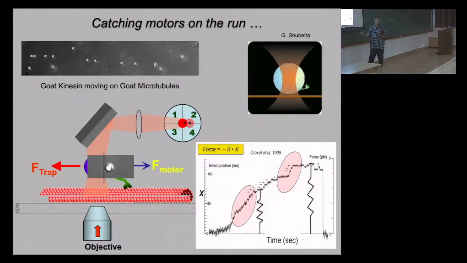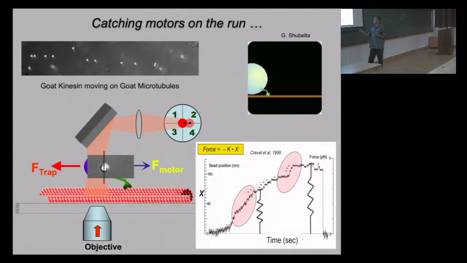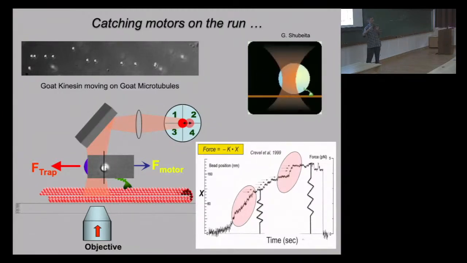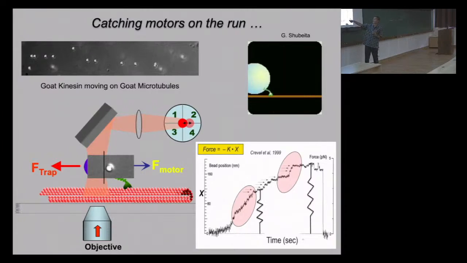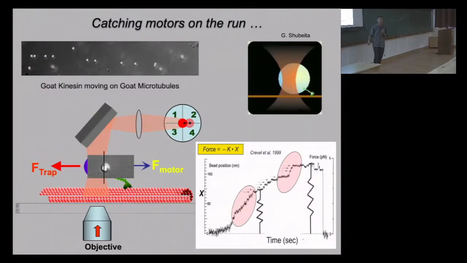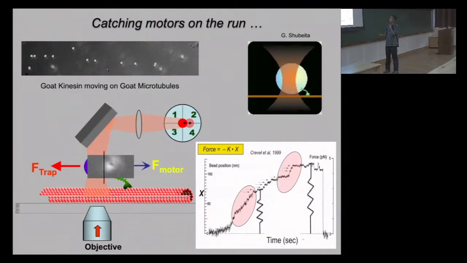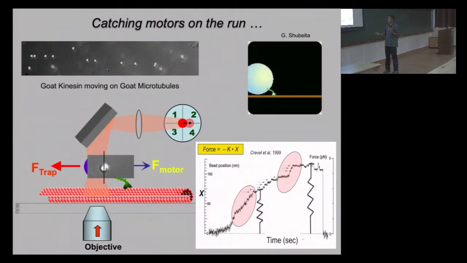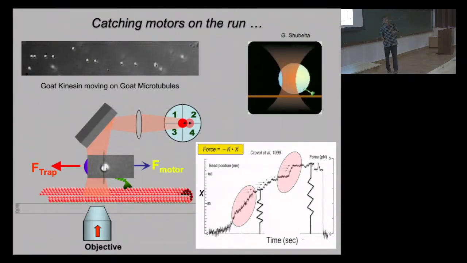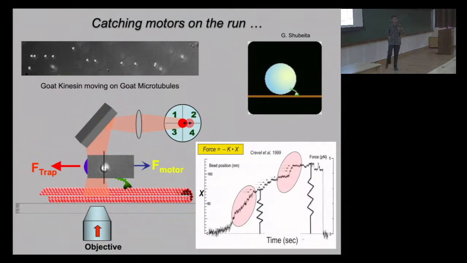Second is that over here, you are at the end of a stiffer spring, so the thermal noise is less. So you can resolve these steps when you are, let's say, 50-60 nanometers away from the center of the optical trap. And by getting this kind of data, you can really learn a lot about the mechanochemistry of these motor proteins.